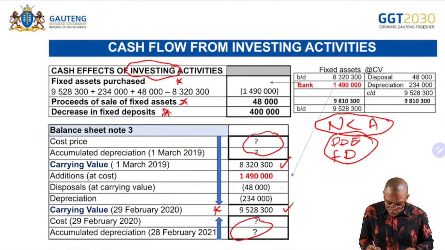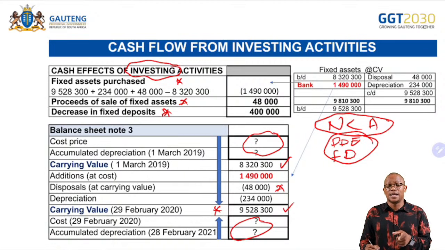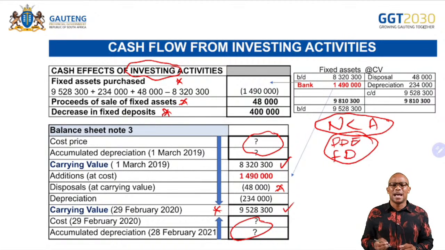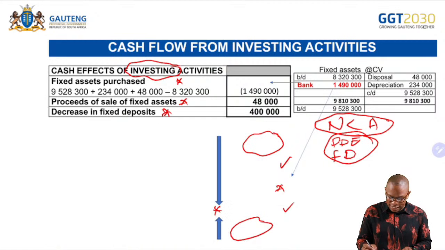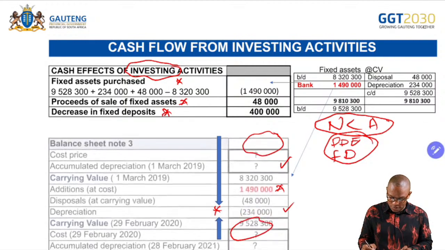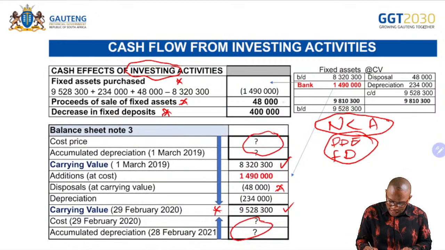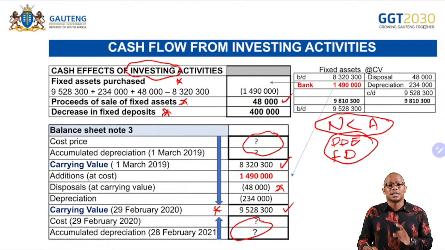When you check your disposal, it is important also, whenever you start writing, please check both your question paper as well as your answer book, because at times information can be given in your answer book. If you check here on the answer book, the 48,000, here it is, it was given to you.